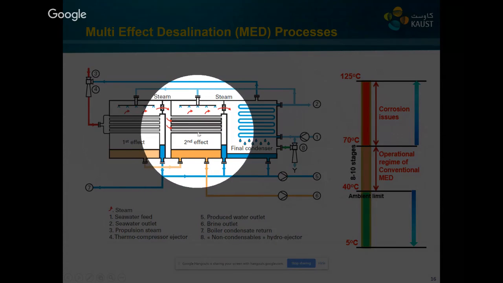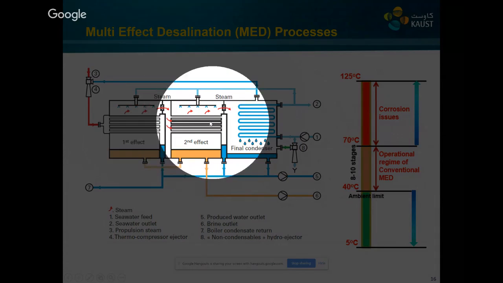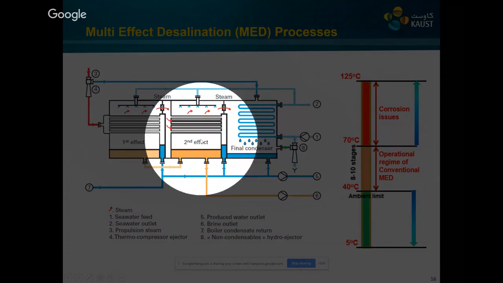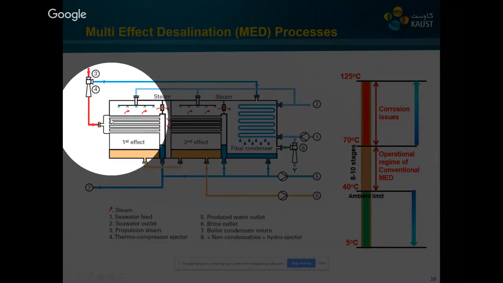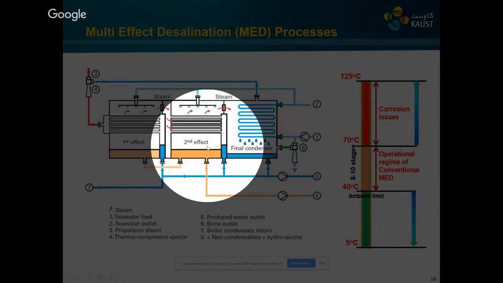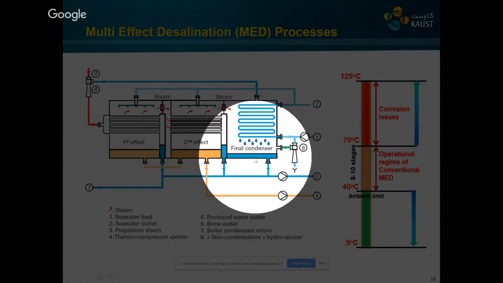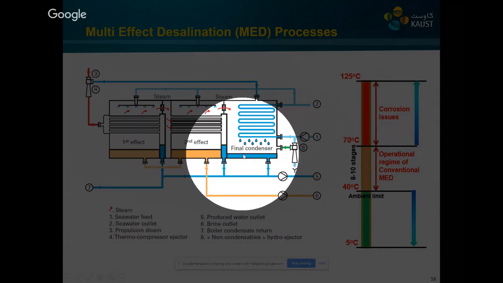The performance of the system depends on how many recoveries we have, because the heat is only supplied once and the recoveries control the performance. More recoveries mean higher performance; fewer recoveries mean poorer performance.